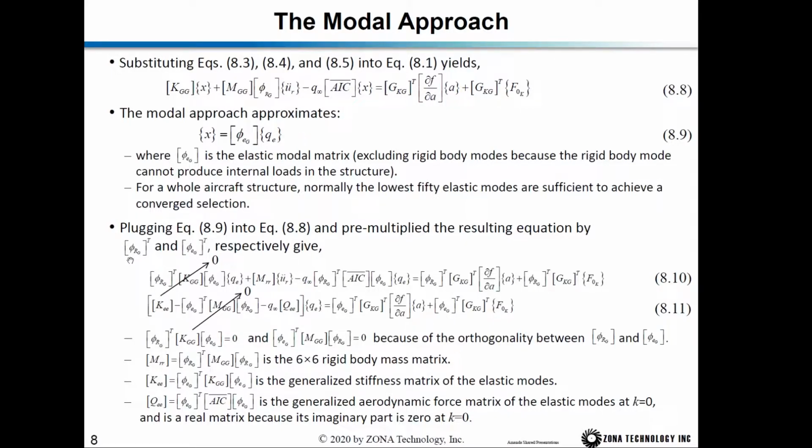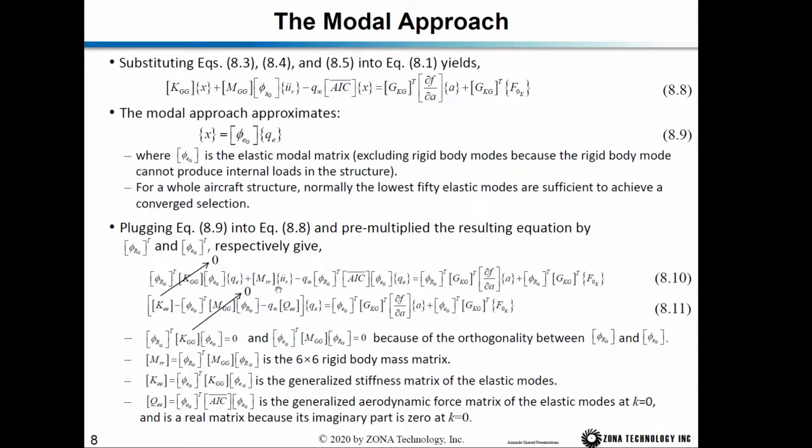Then we pre-multiply this equation by the transpose of the rigid body mode. Then we will find we can get rid of the KGG, because this is the elastic mode, this is the rigid body mode, so this one is 0, because the elastic mode and the rigid body mode are orthogonal to the KGG.